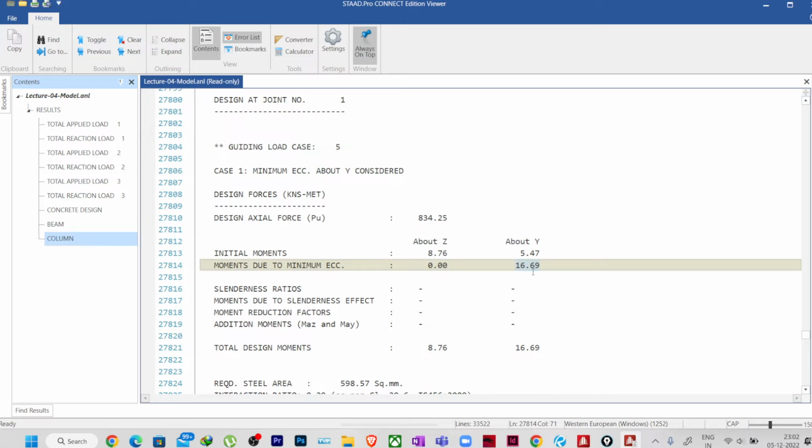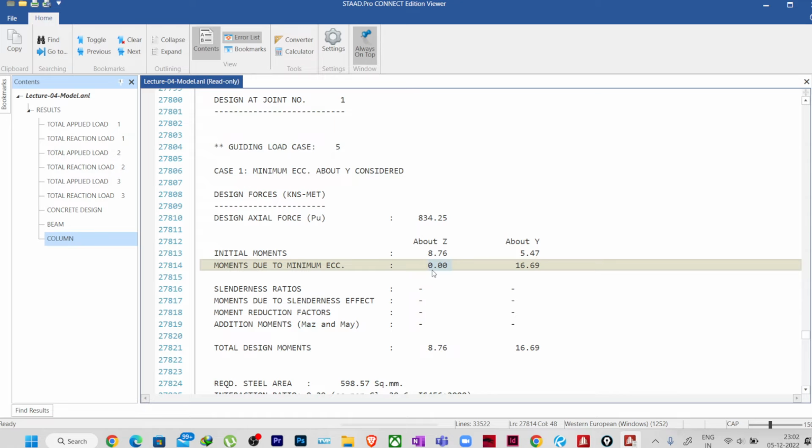So obviously it will be taking the minimum eccentricity considering 20 mm eccentricity, right? But now it is not calculating for both the axes. Whichever is greater, it is taking this one, 16.69, and for the other axis it is keeping it 0.